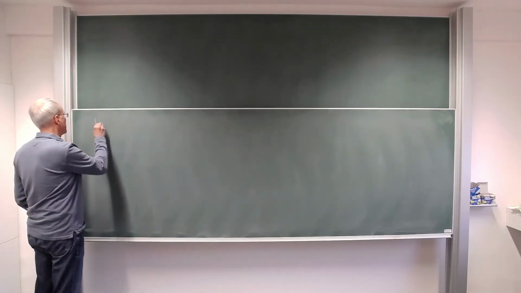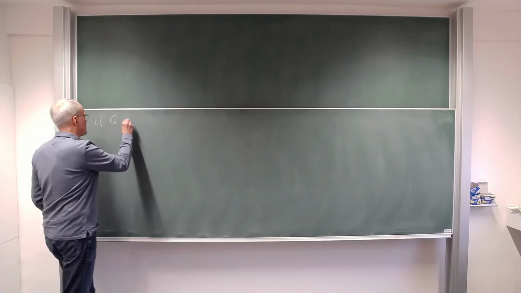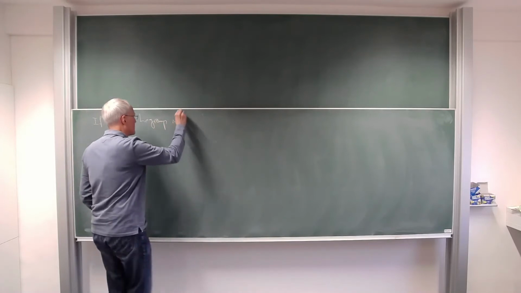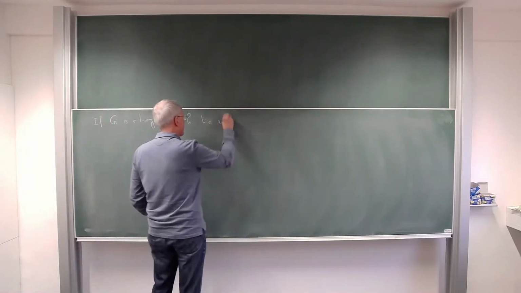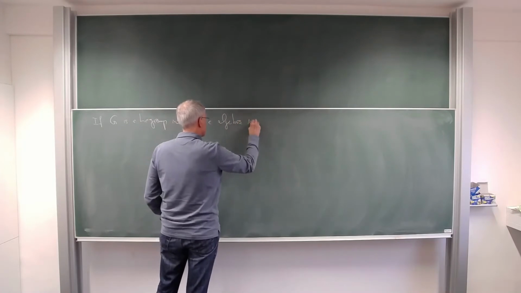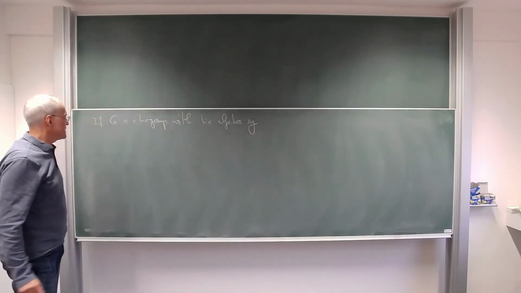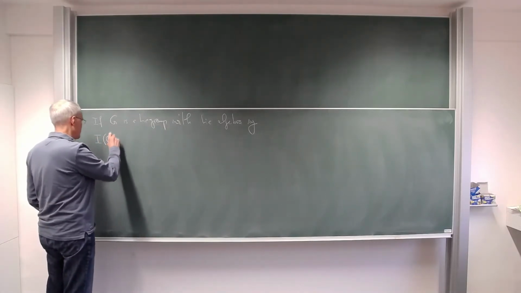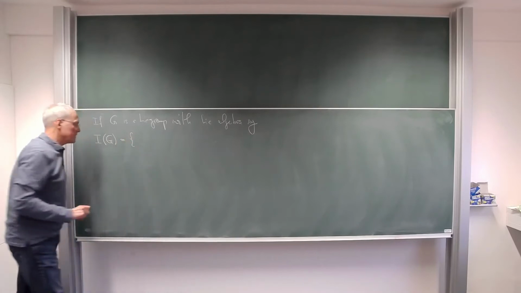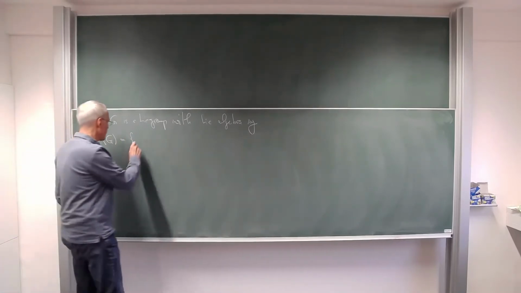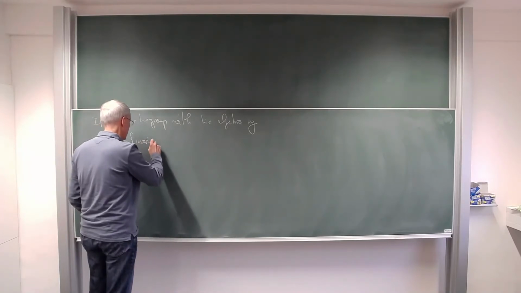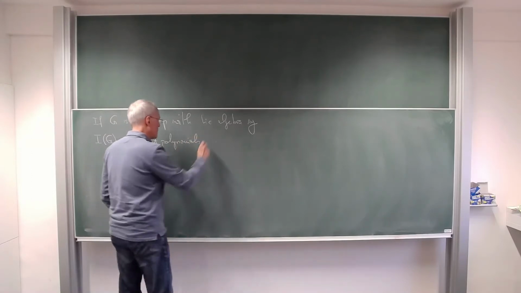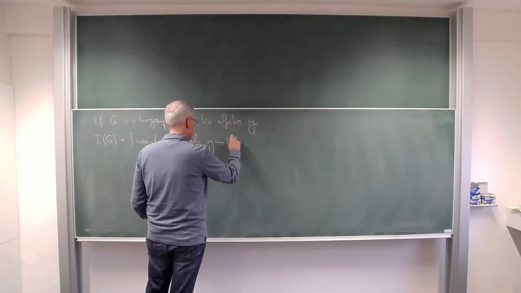If G is a Lie group with Lie algebra 𝔤, then I will denote by I(G) this set of all invariant polynomials from the Lie algebra to our ground field.